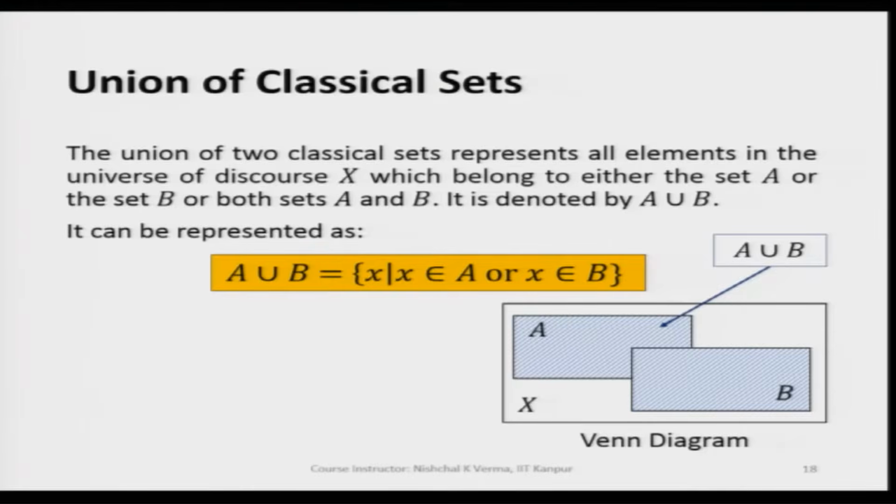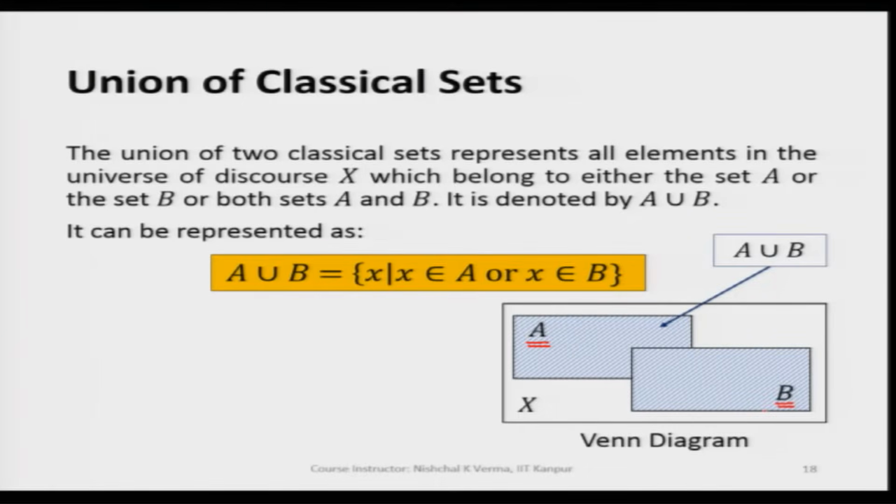We all know the union of classical sets, and we can clearly see here if we have two classical sets. Let this be a classical set A, and here B is also a classical set, and we are interested in taking the union of these two classical sets in the universe of discourse.